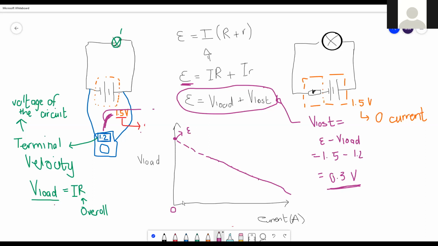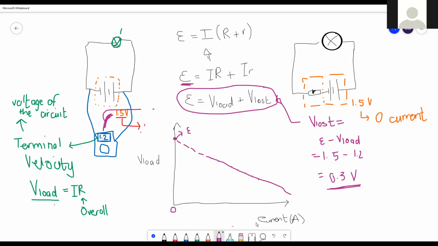So you can't technically measure it, because how are you going to measure voltage if you don't have a current? So this is always an extrapolation point. Technically speaking, your batteries give you a tentative idea of what the value should be based on extrapolation, but we can't really ever physically measure it. Does that make sense to everyone?